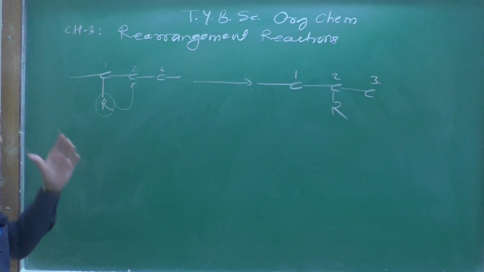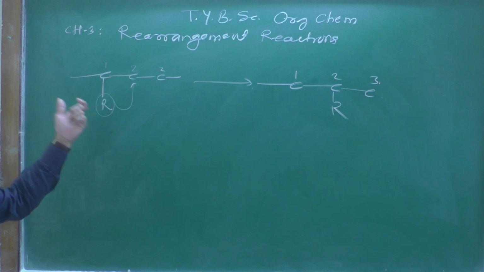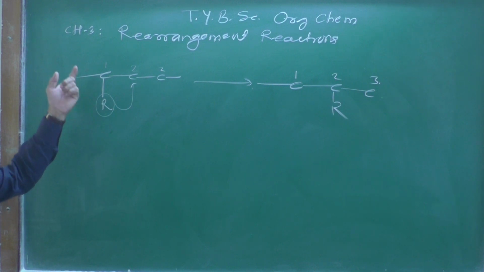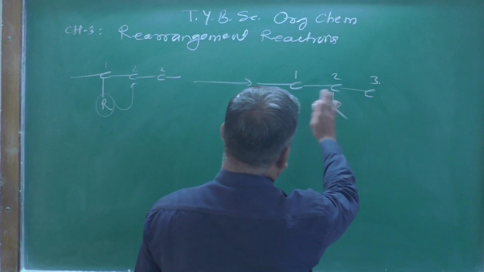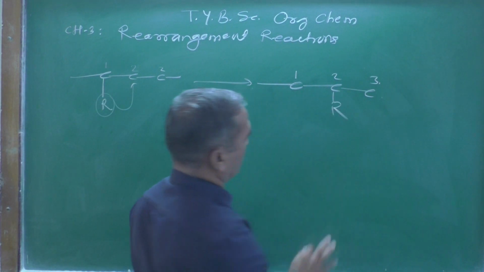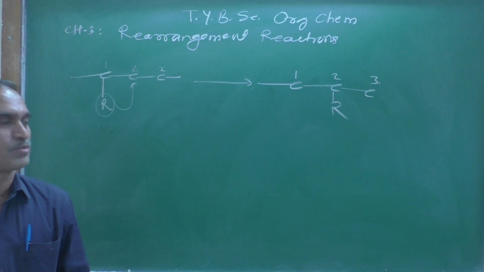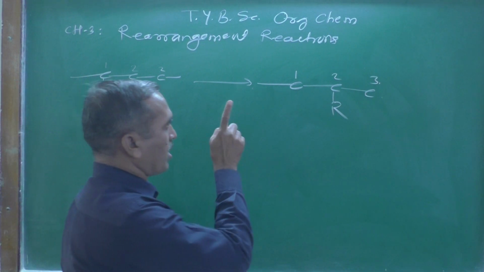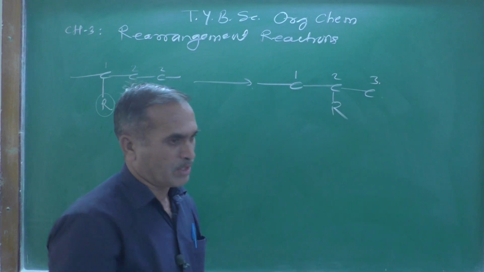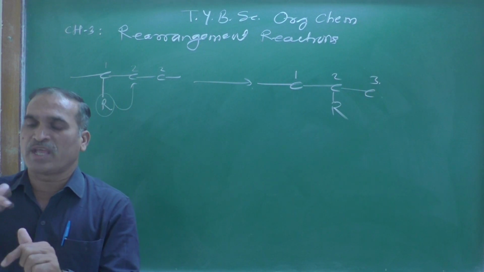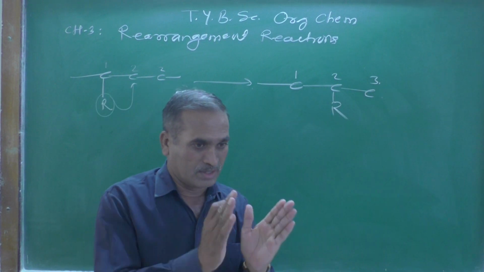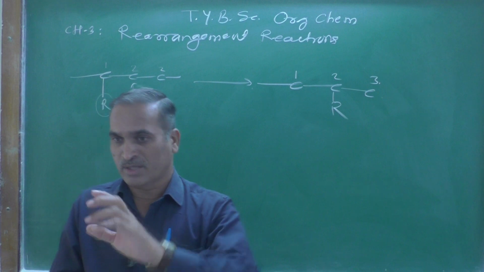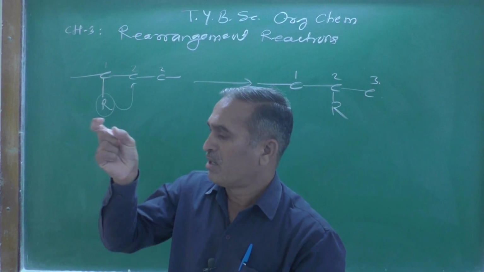In the first case, in the starting compound, the R group is attached at carbon number 1. After migrating, if you see the product, the R substituent migrates from carbon number 1 to carbon number 2. It rearranges itself, and such a type of shifting occurs automatically in the molecule.